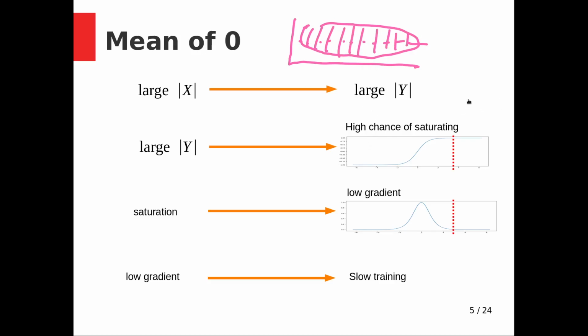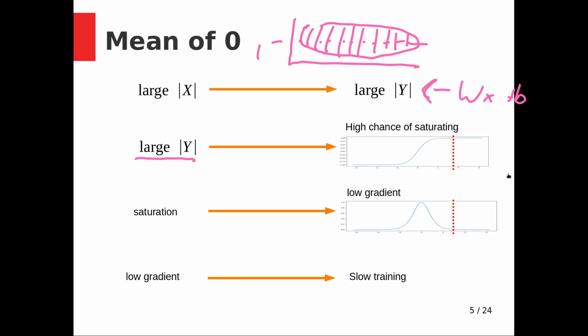Which means that the result of translating it with wx plus b to produce our y, we are more likely to see a large y, right? So if the average of x is displaced away from 0 by some large amount, then our y is more likely to be large, right?